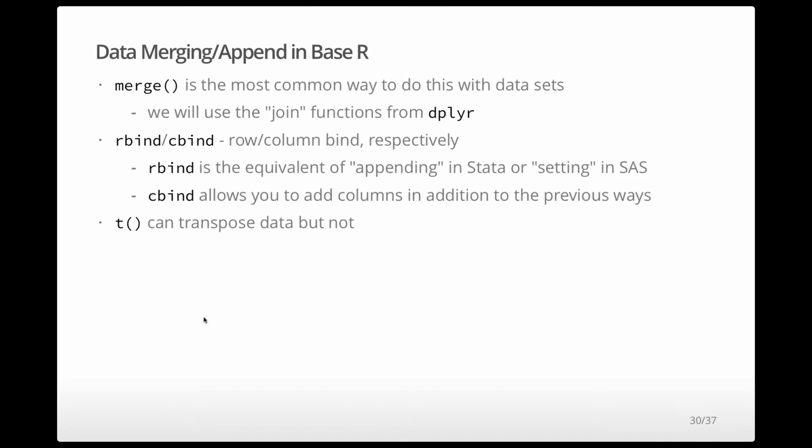Similarly, with rbind, you have to have the same data types and the same number of columns to bind to it. These are okay operations, but they're a little bit dangerous if you've resorted things or changed things. rbind is similar to append or set in SAS. But again, I would still use the merge on an operator instead of doing that, just to be safe.